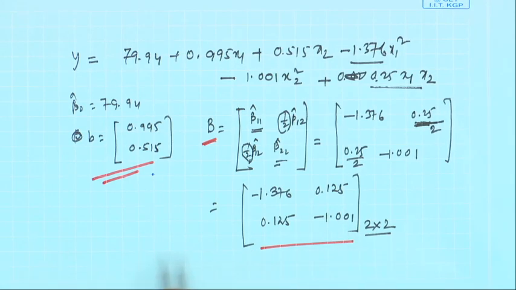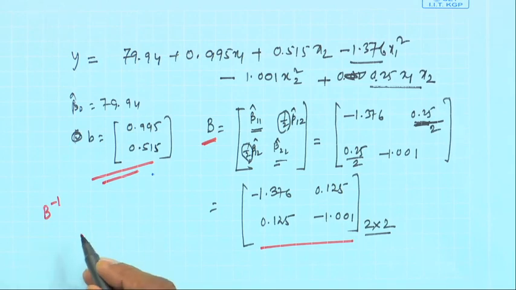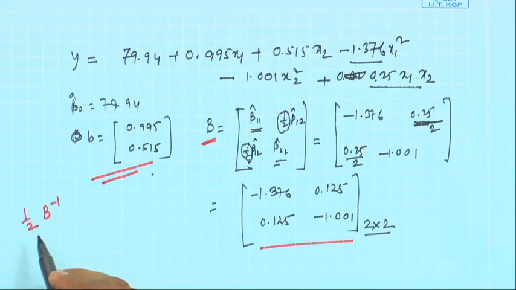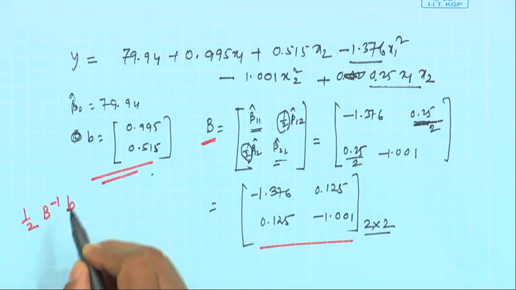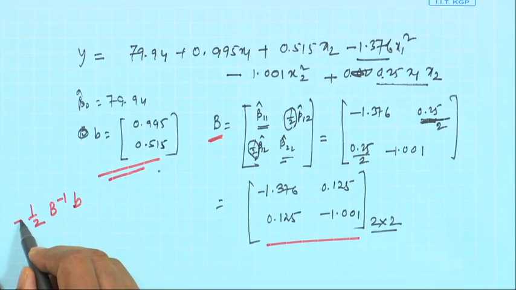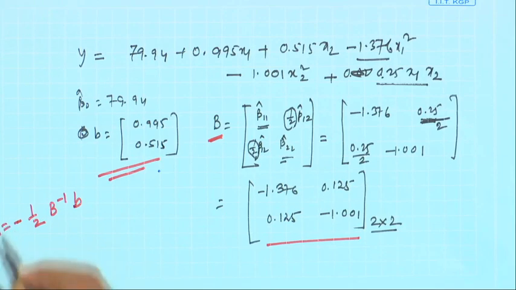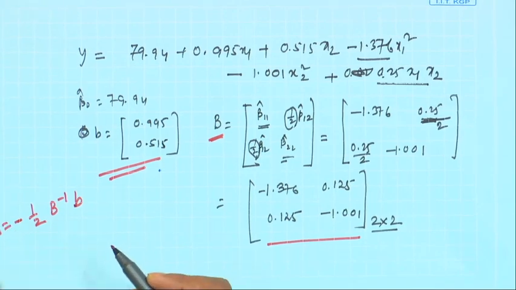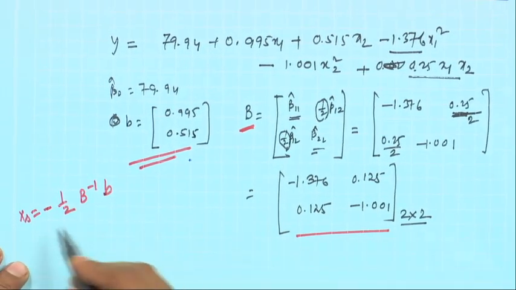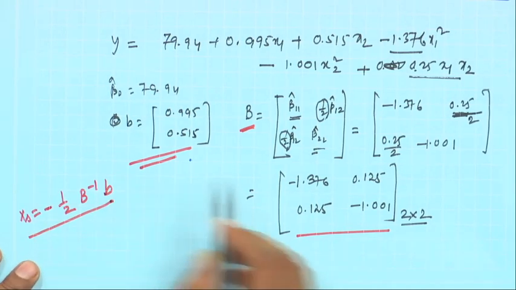So, what you require to do? You require to find out B inverse. So, B inverse into b, so what do you want? Minus half B inverse b is your Xs.